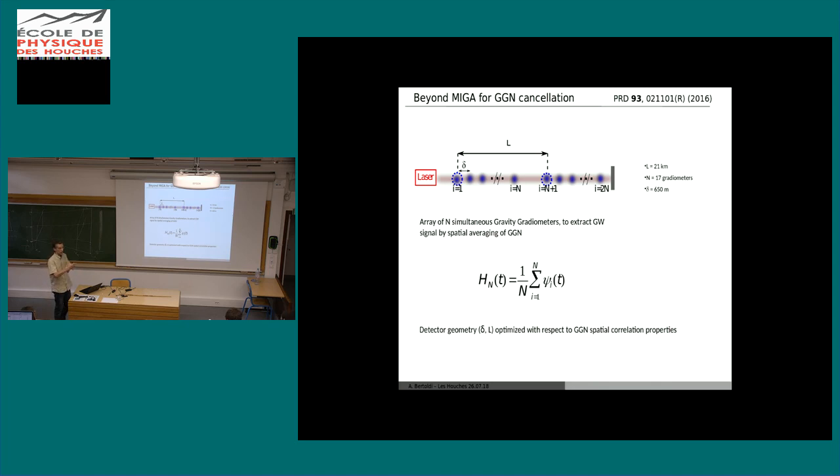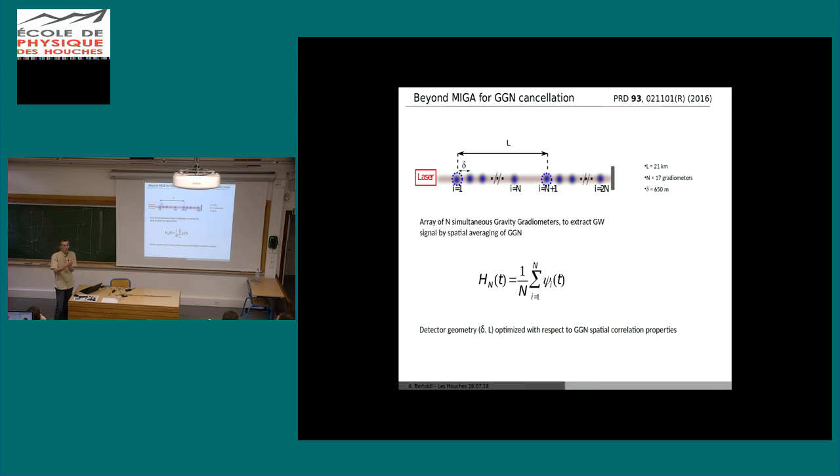But if you start moving at a certain point, you can exploit the fact that the noise is not correlated anymore. Then they don't sum linearly but in quadrature, and so they grow like square root of n. And so now you gain a factor square root of n in the signal to noise ratio.